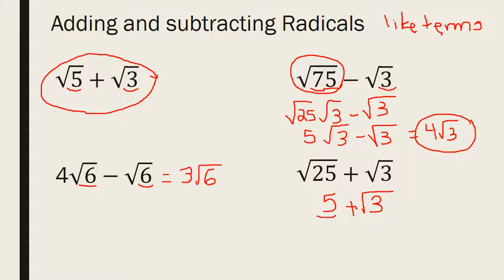I have a rational number added to an irrational number, and I have to think of this expression the same way I think about 5 plus x. We usually cannot add 5 plus x together. That means this expression is in the simplest form. 5 plus radical 3 is in the simplest form.